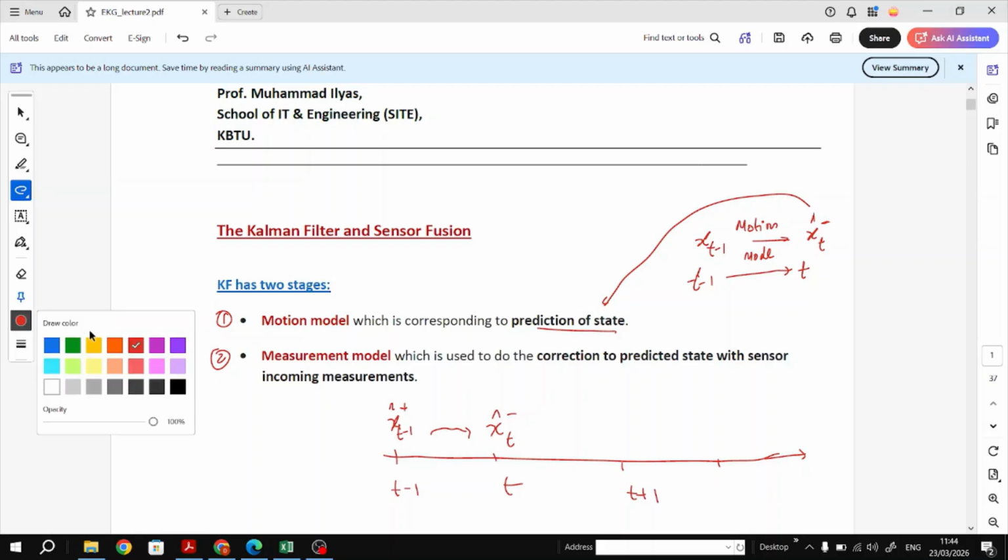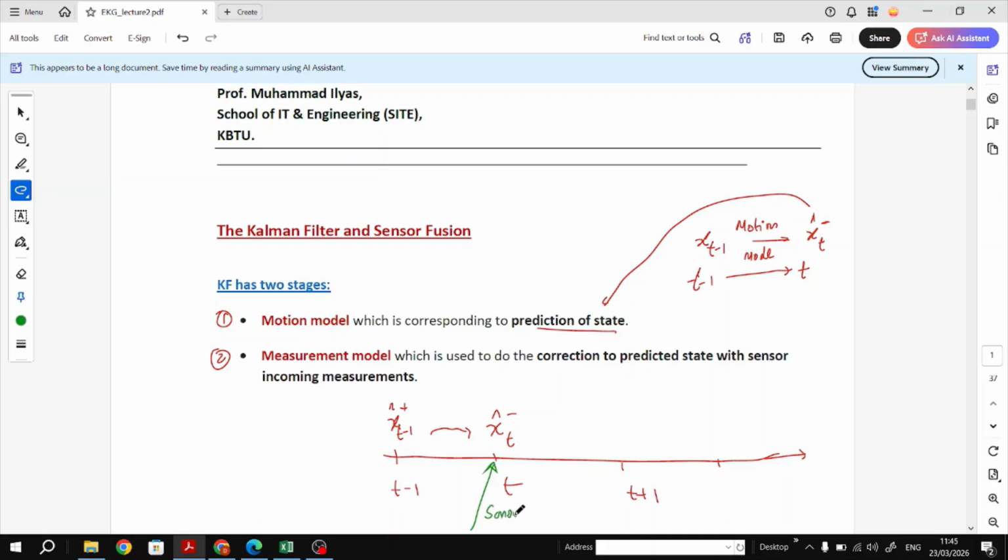Now, after the motion model, if the sensor measurement arrives at time t, we can incorporate that sensor measurement to update our state. We'll see the equation later, but after incorporating the measurement model into your predicted state, your state will be updated at time step t.